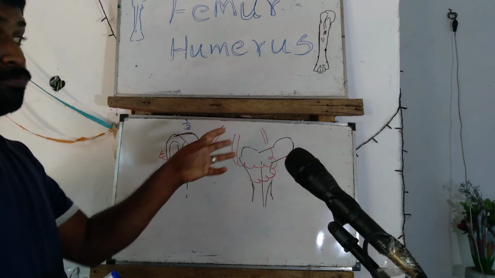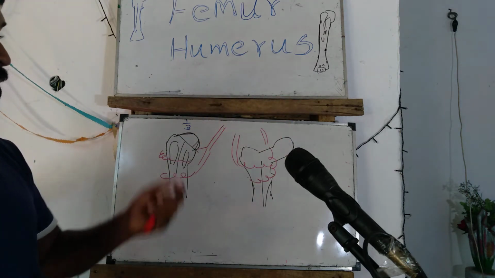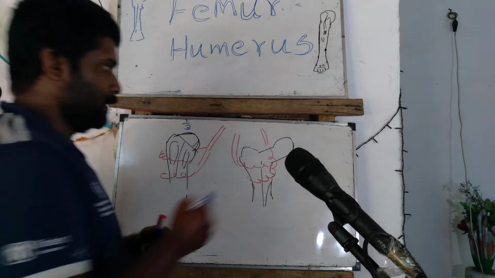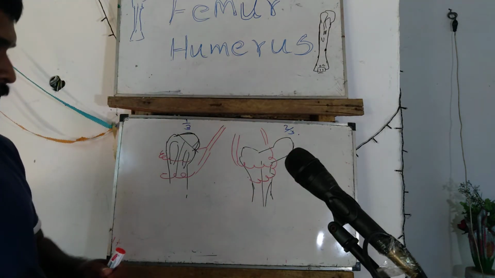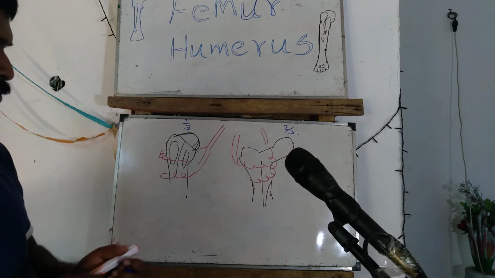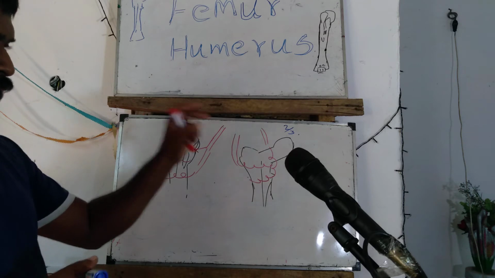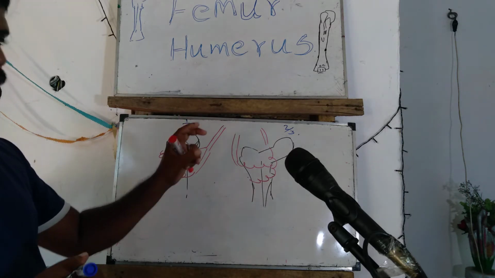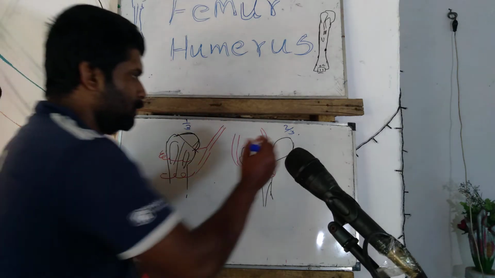There is a fossa connecting inside the acetabulum, about two-thirds. The isthmus is small. The fovea also has some tendon connecting.